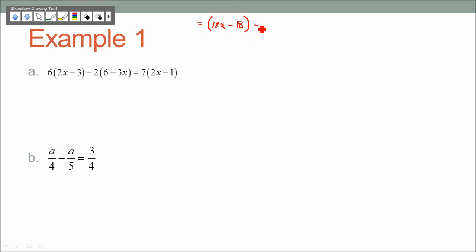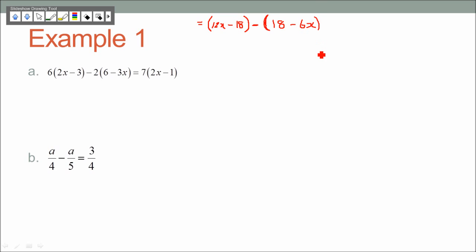Now I'm going to subtract away from that the expansion of the second one. So that's 2 times 6, which is 12, and 2 times minus 3x, which is, that's right, minus 6x.